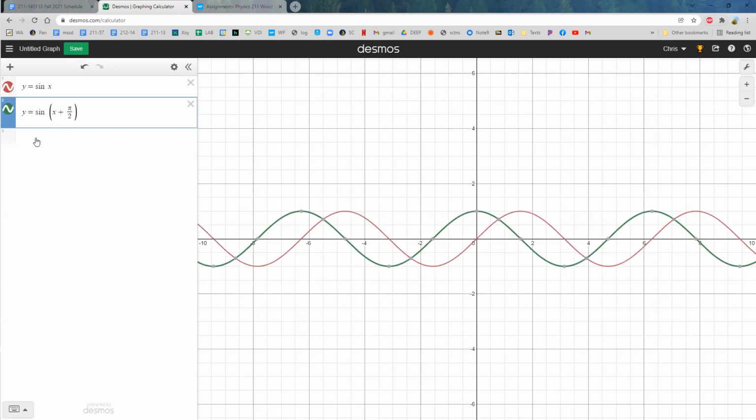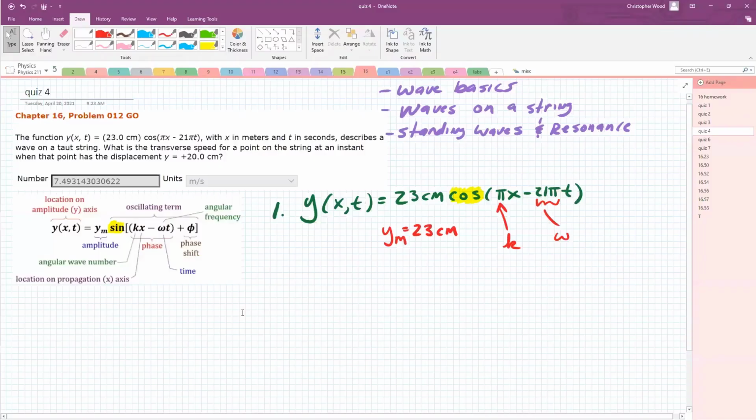So a cosine function is nothing more than a sine function shifted backwards, because that's a positive sign. Phase shifted backward pi over 2 radians, which is 90 degrees. So we don't have to get overly pigeonholed with sines or cosines, because one is just a phase shift of the other.